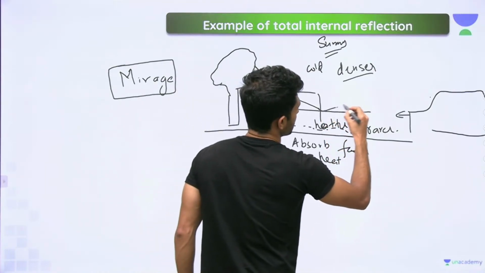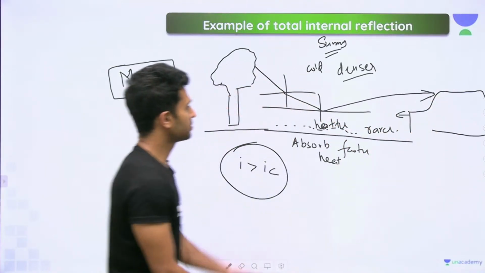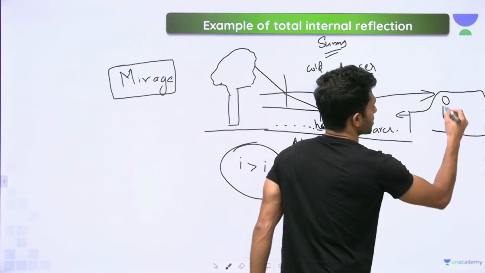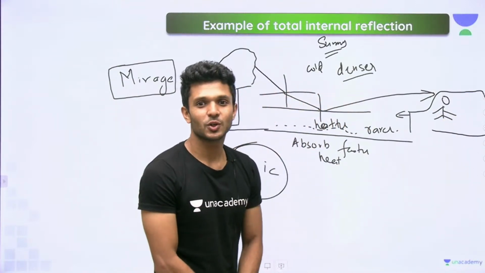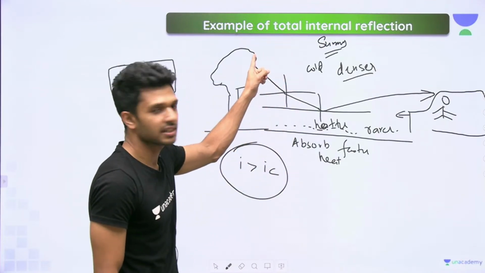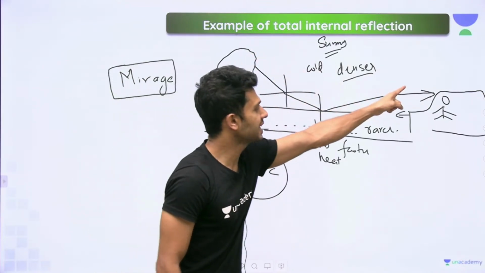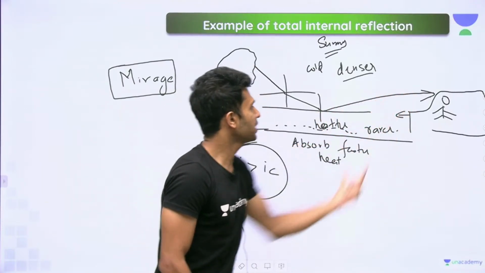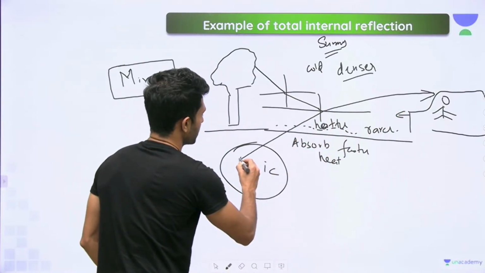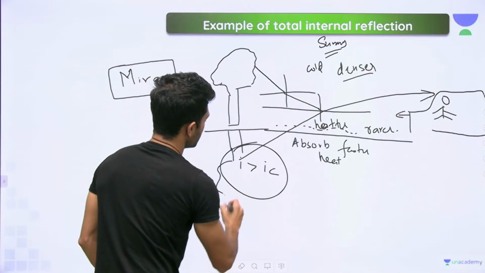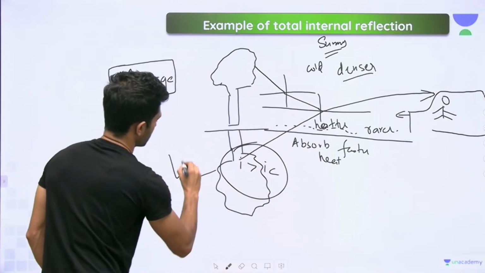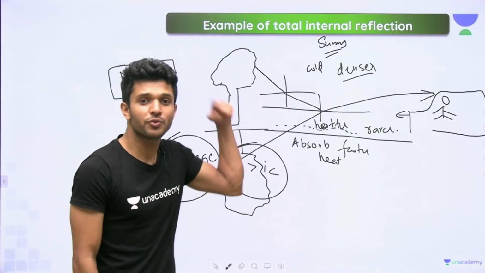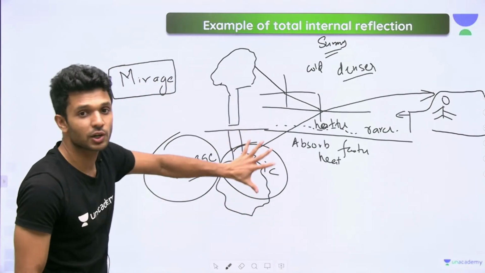If it becomes larger than the critical angle, this light ray, which actually carries the image of this tree, will reach you, the person driving the car. You see the tree directly, and if you look along this particular light ray, you will feel that it is coming from here, and you will feel like an image of the tree is actually present on the road, which makes you feel like something reflecting is present on the road.